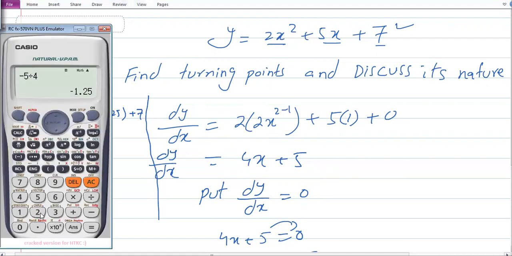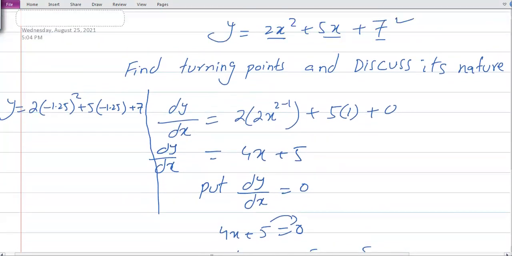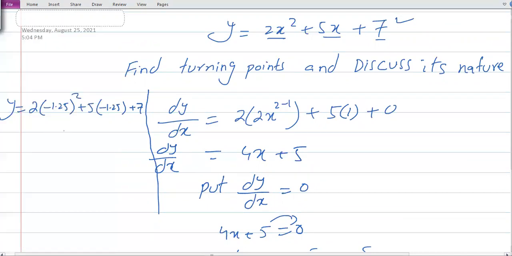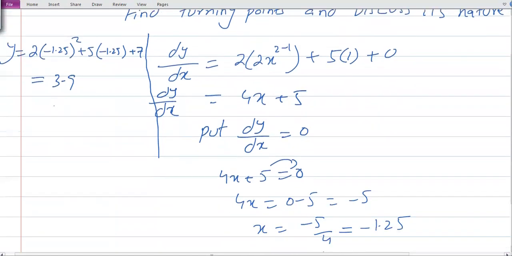So what will we get? 2 into minus 1.25 plus 5 into minus 1.25 plus 7. So that is 3.875. That I can round to 3.9. Okay, so it is 3.9. So therefore, what is the stationary point? It is minus 1.25, 3.9.